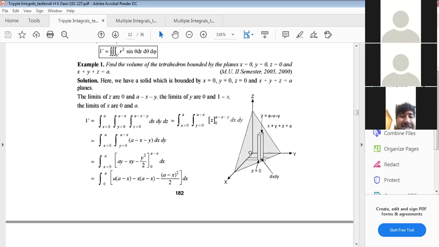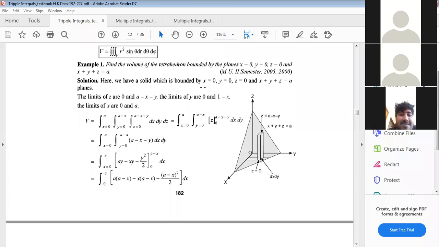If we consider the smallest distances along the x-axis and y-axis, dx dy, then the plane x plus y plus z equals a can be written as z equals a minus x minus y. Then we can find the whole volume by taking the triple integration over this solid.